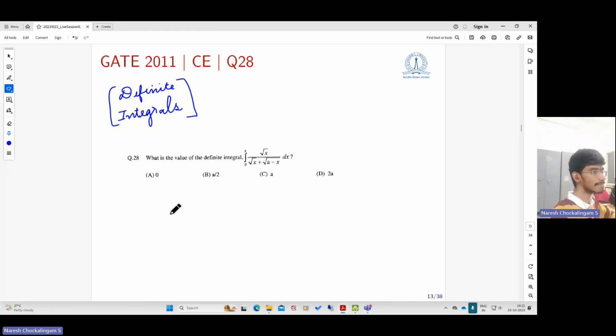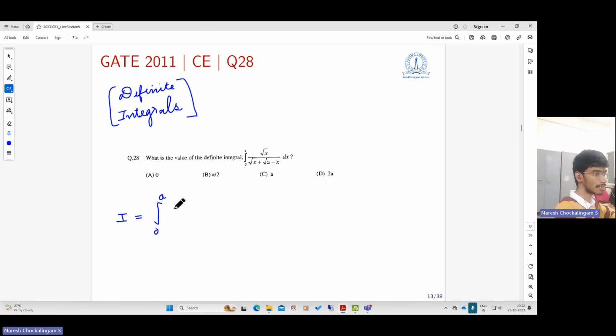So that makes use of the symmetry of the integrand with respect to x and a minus x. Let us call the integral as I. Suppose if we do the integration and substitute the limits, we get the value I for this definite integral.